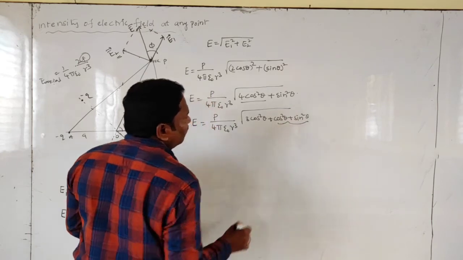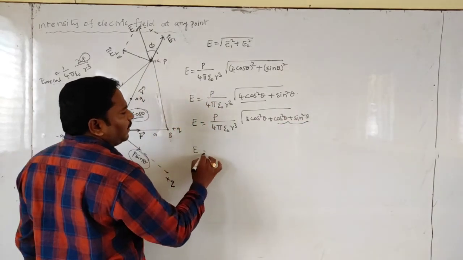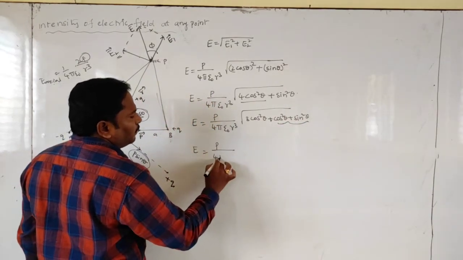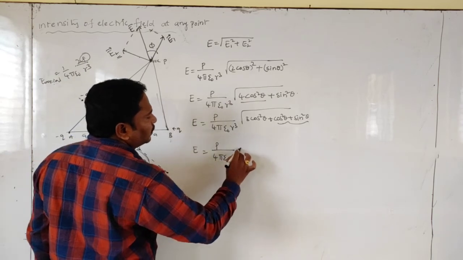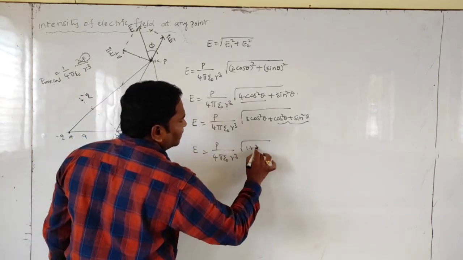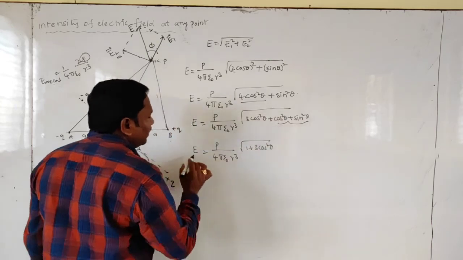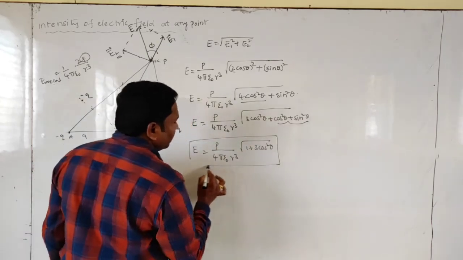So E at any point equals p by 4 pi epsilon naught r cube root over 1 plus 3 cos square theta. This is the expression.